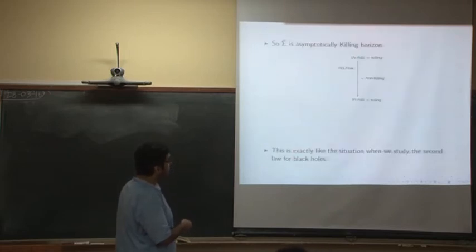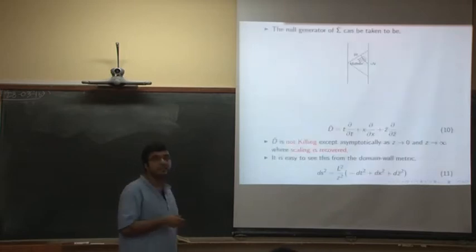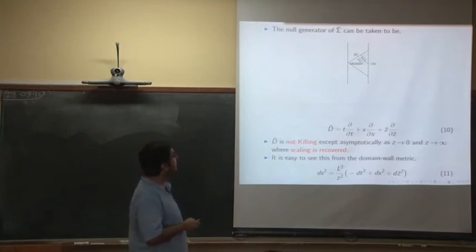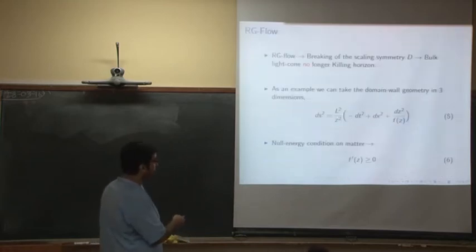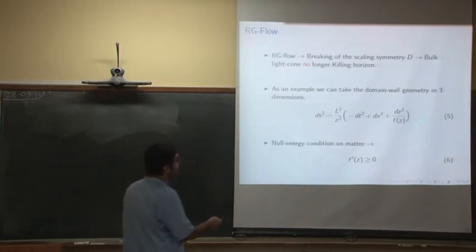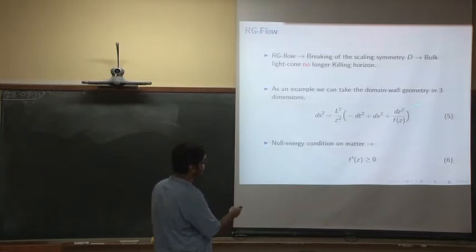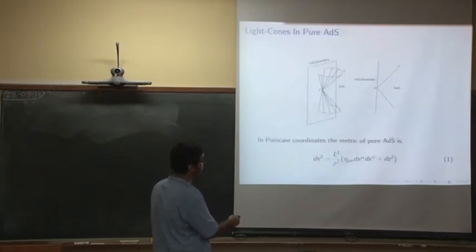Okay. Question, I think. Shamik. Yes. So how does f of z behave as z goes to 0? Does it go to 1? Yeah. Right. So as z goes to 0, this f(z) is going to just 1 because this metric reduces to this metric.